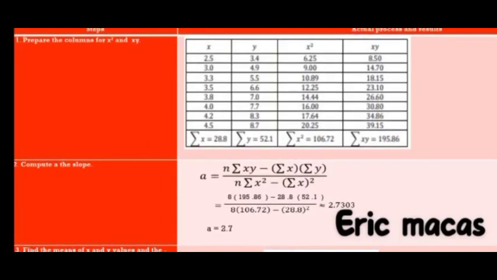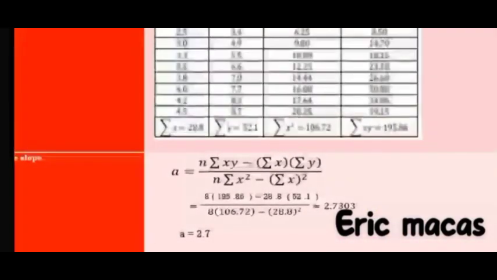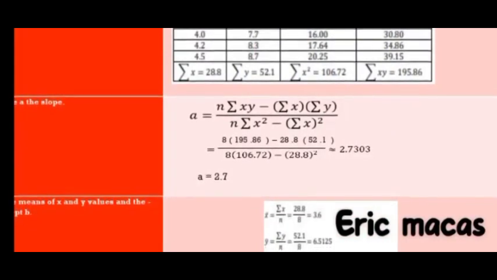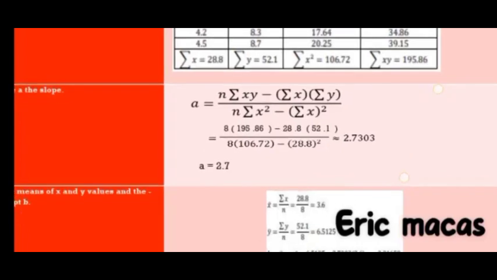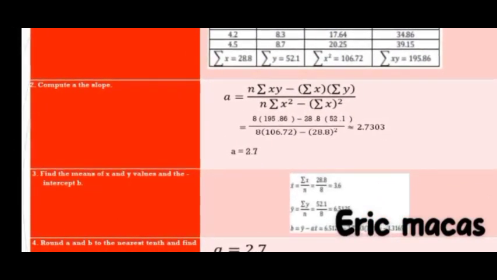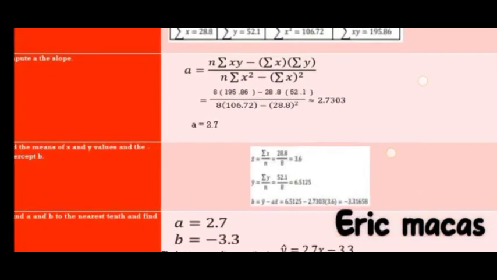For the output for a, the summation n is 8, and the summation of xy is 95.86, together with the summation of x.